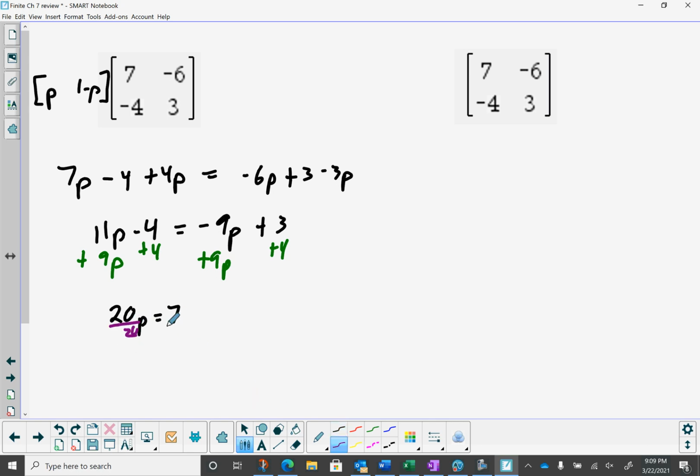Divide by 20. So he's going to show that black card 7 out of 20 times, which then for his red card is going to be the complement there. So that should be 13 out of 20 times.